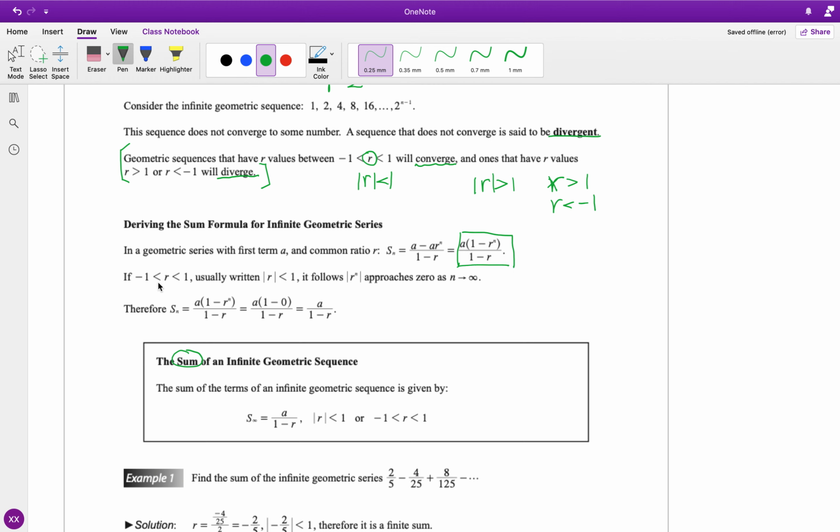So if the absolute value of R is smaller than 1, that means R to the n, when n approaches infinity, would approach 0. So in this case, this becomes 0. Therefore, the formula is this.